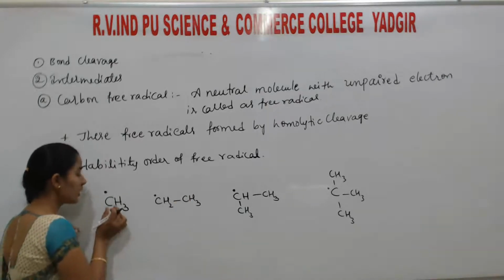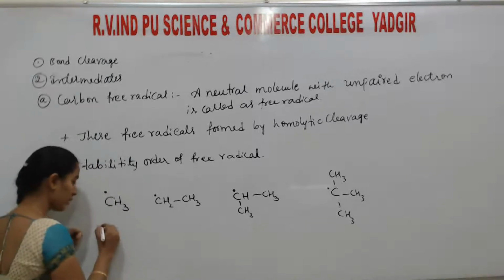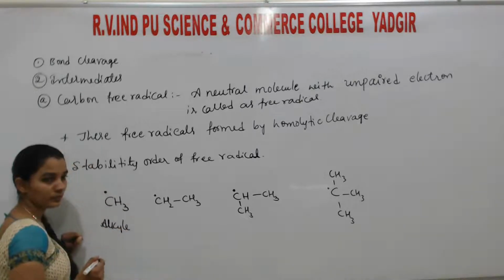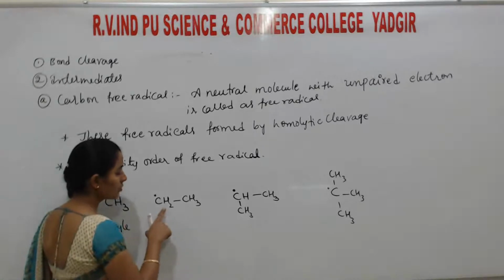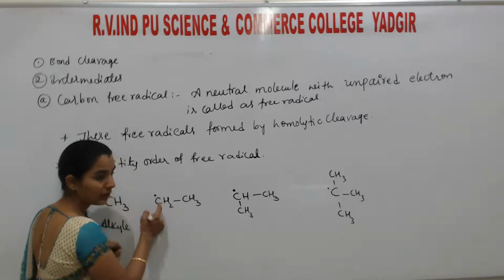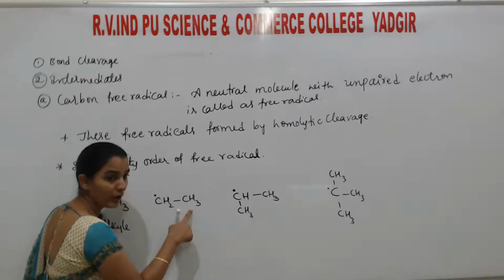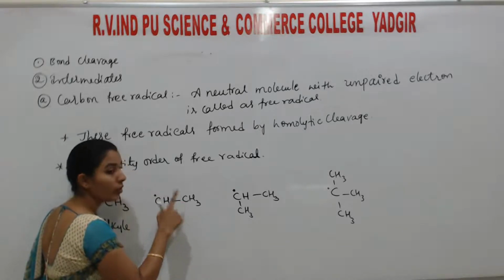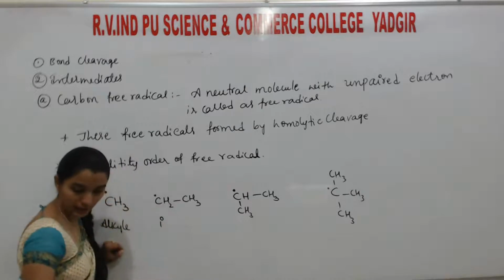Listen, students. If only one carbon atom is there, no other carbon atoms are there, then it is said to be alkyl. Next, CH2 single bond CH3. If the carbon with the free radical is bonded to only one carbon atom, then it is primary alkyl.